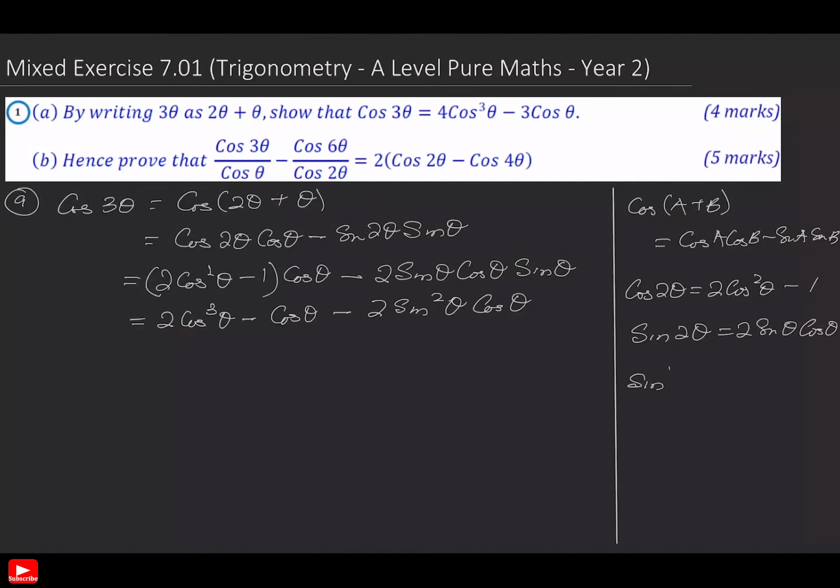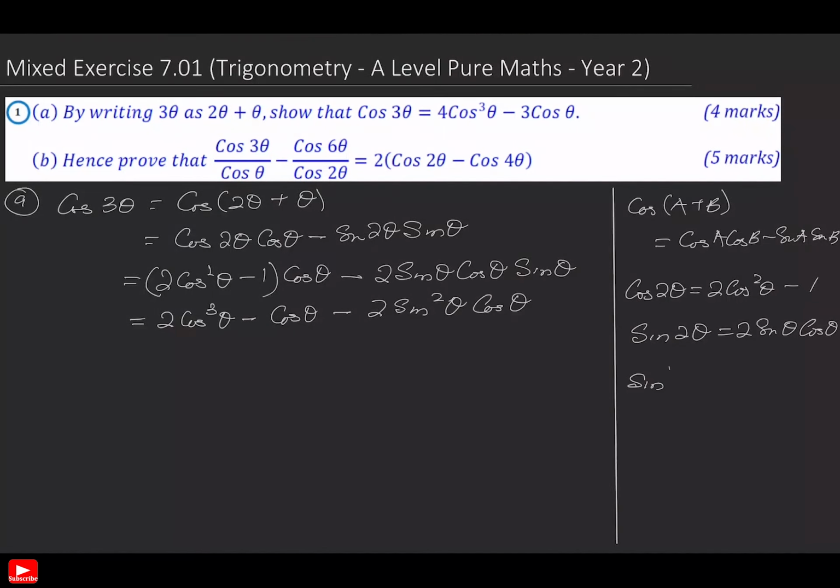I can do that by doing 2 times 2 cos squared 2 theta. So you can see I'm going to replace this with that and this with this one here.